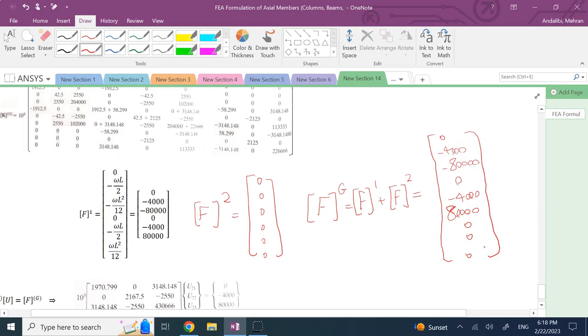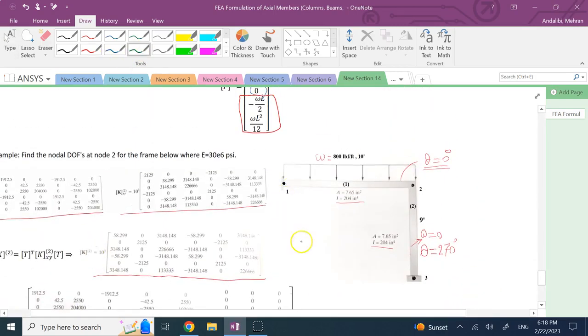And now we need to look at the boundary conditions here. At node 1 and node 3, they are completely fixed, so all 3 degrees of freedom are 0. So u11 equals u12 equals u13 equals 0. Similarly, u31 equals u32 equals u33 equals 0.